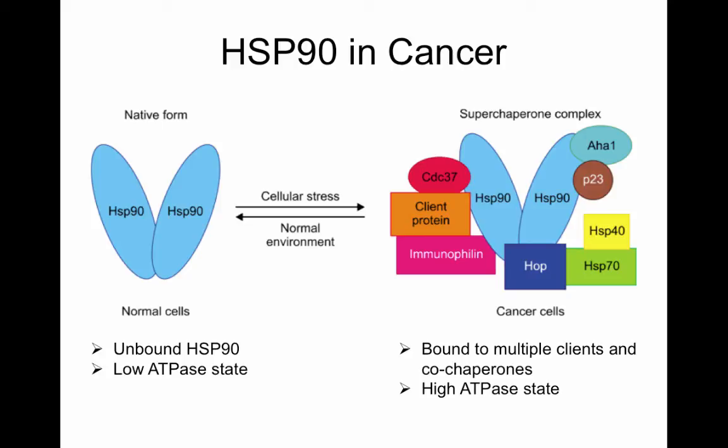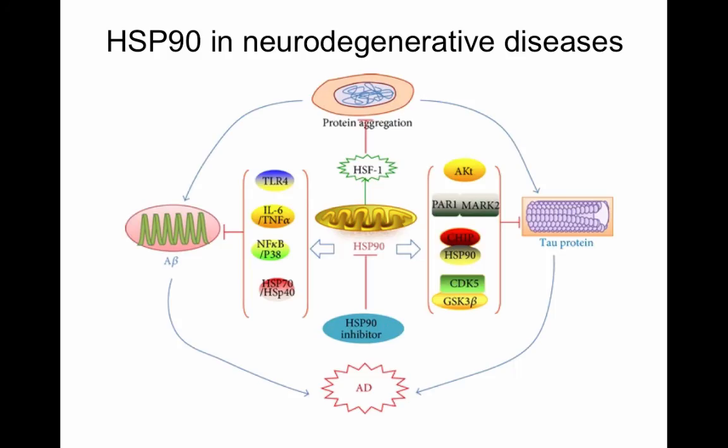However, in cancer cells, cellular stress and rapid dividing ends up creating a super chaperone Hsp90 complex where several unnecessary co-chaperones and clients are binding to Hsp90 and basically turning it into a monster. Hsp90 is then in a state of high ATPase activity and thus disrupts the function and causes misfolding of its bindees. Consequently, it causes a host of problems leading to cancer.